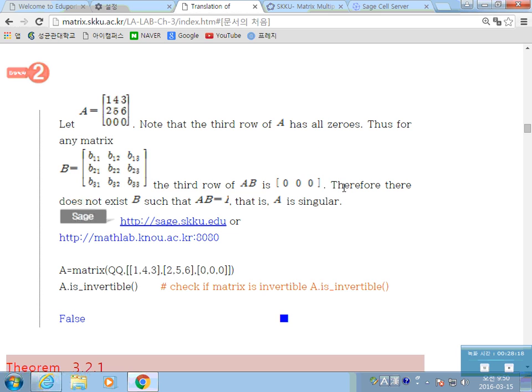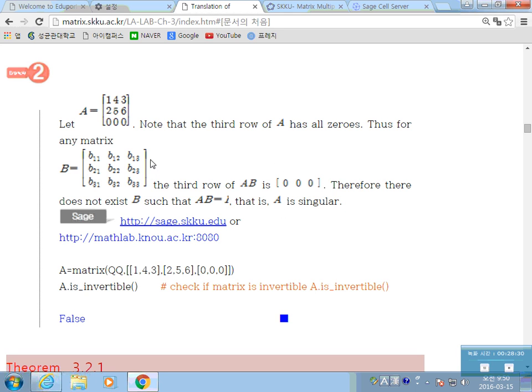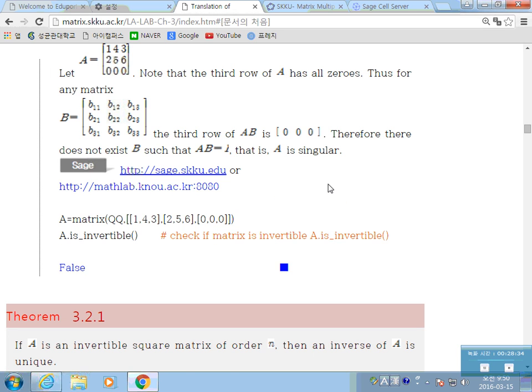So it is impossible to get the identity matrix by multiplying any matrix by A. So this matrix is singular. This is non-invertible, and it's a singular matrix.